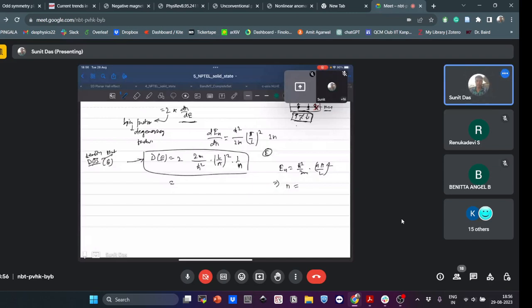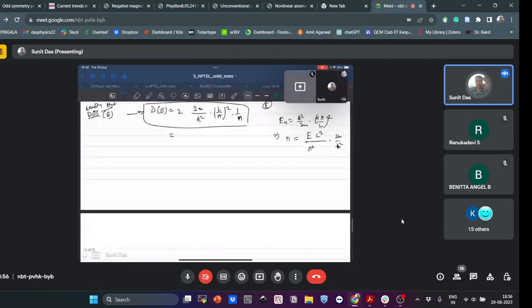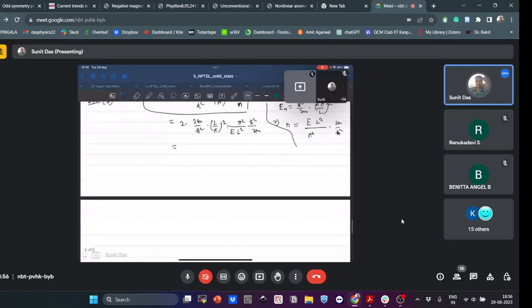So 2 into 2m by h square L by pi square into 1 by n. So this will be pi square h square by 2m and E L square. Okay, sorry. So the overall thing will be under root.